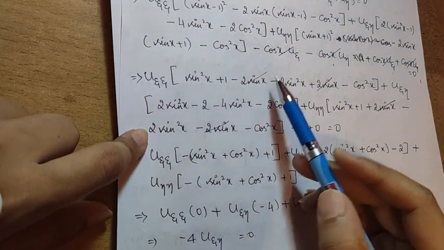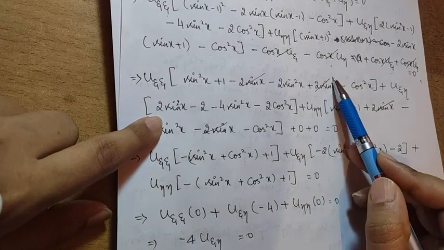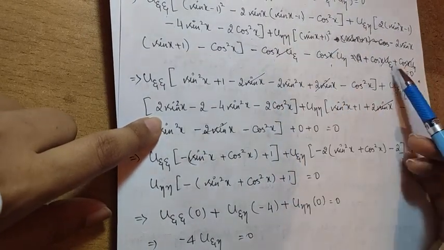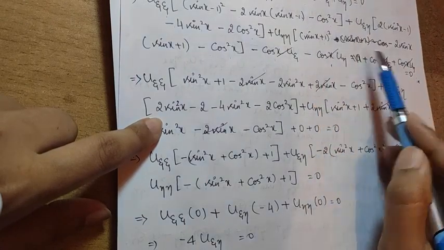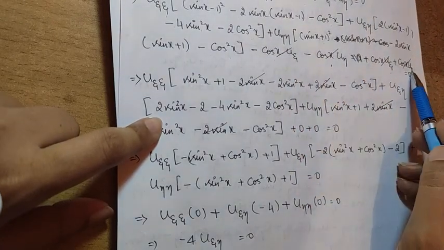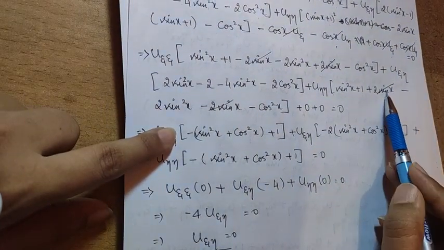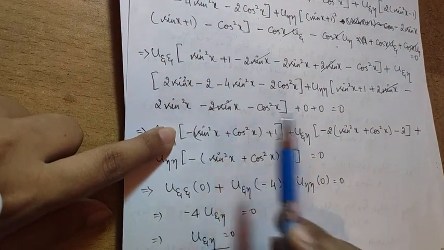To cancel, minus 2 sin x plus 2 sin x gets cancelled. Here minus cos x u xi plus cos x u xi gets cancelled. Minus cos x u eta plus cos x u eta gets cancelled. So here 2 sin x minus 2 sin x gets cancelled.